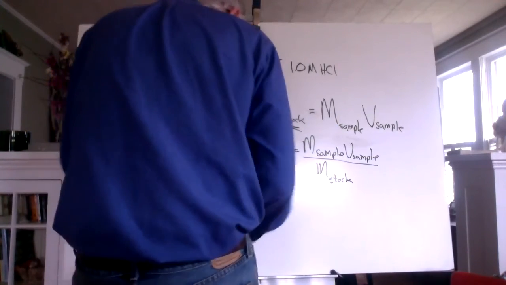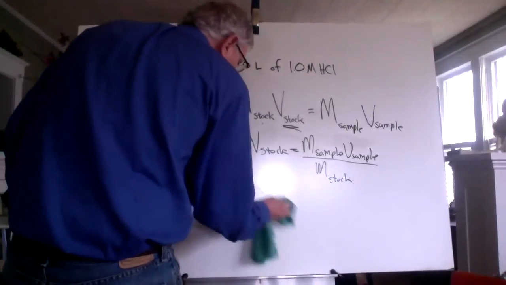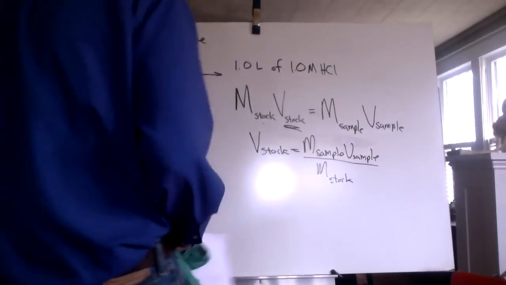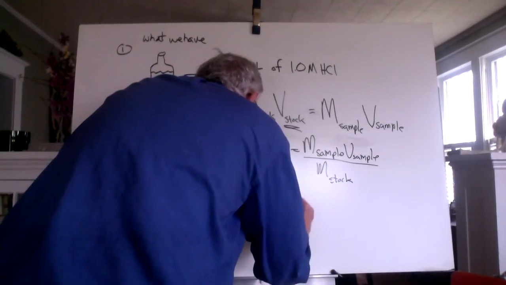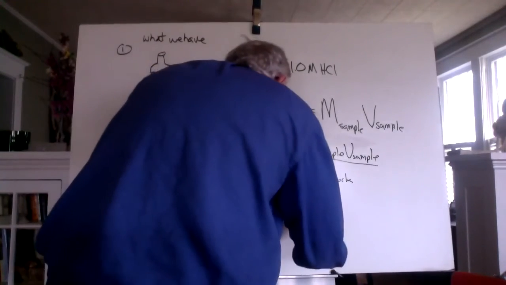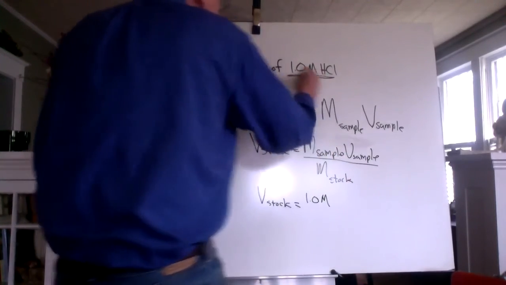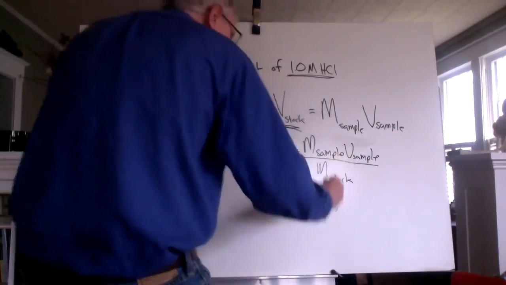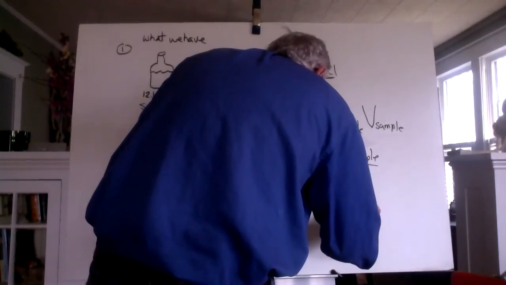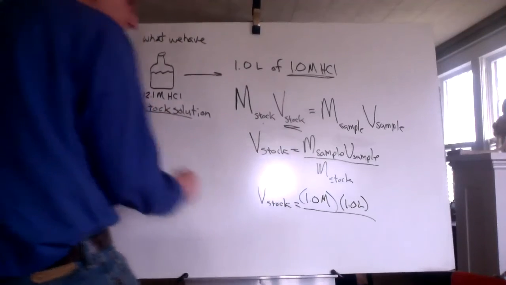The volume of the stock solution is going to be equal to the molarity of the sample, which is 1.0 molar, that's what we want, times the volume of the sample, which is 1.0 liter, divided by the molarity of the stock, which is 12.1 molar.